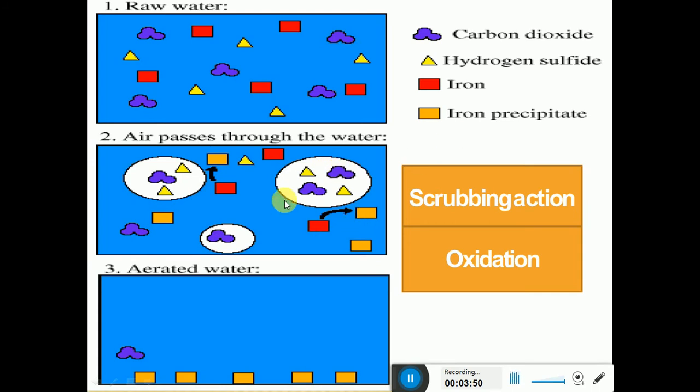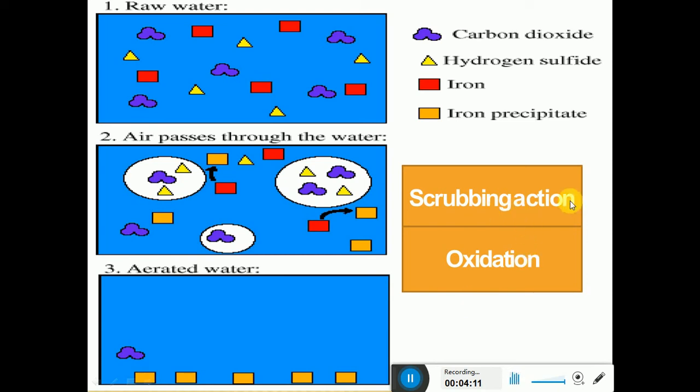Okay, so that is the first action. And because of the mixing of air, the iron will start to precipitate here. Okay, and the iron and manganese will be removed, and also the carbon dioxide will be eliminated from the water. Okay, so because of this you can get the aerated water.